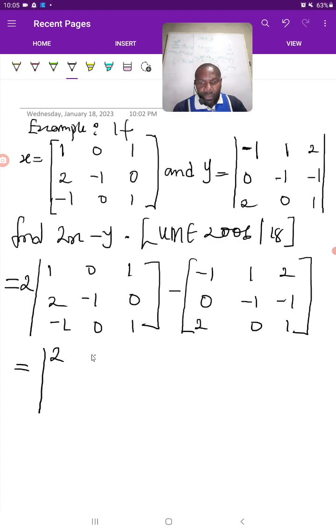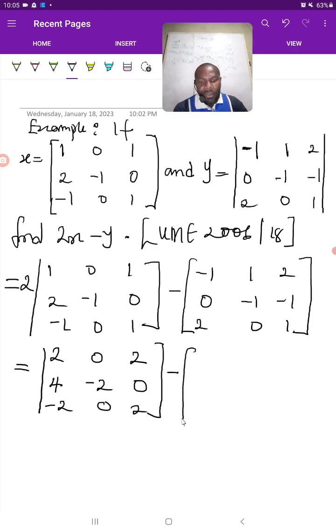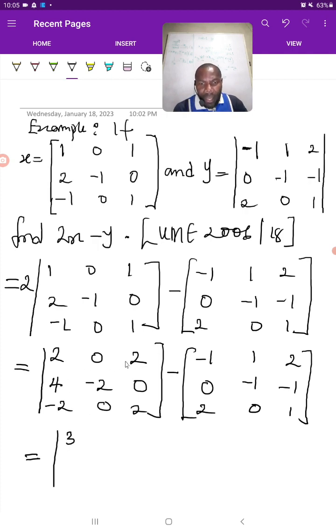So we have 2, 0, 2, 4, minus 2, 0, minus 2, 0, 2, now minus the matrix of Y. The final answer will now be: 2 minus 1 gives you 3. 0 minus 1 gives you minus 1. 2 minus 2 gives you 0. 4 minus 0 gives you 4.